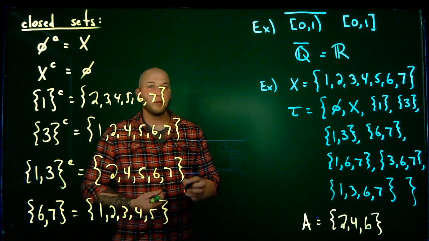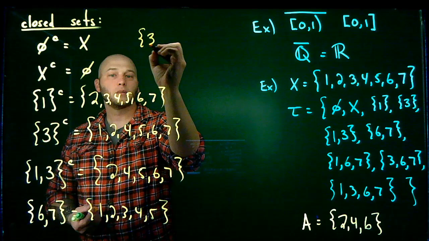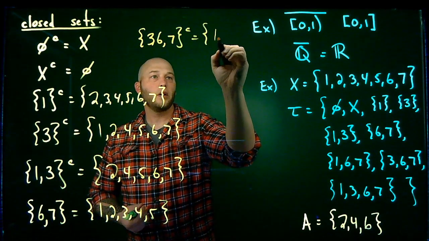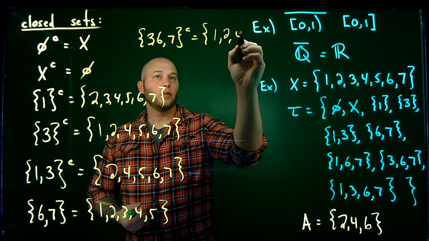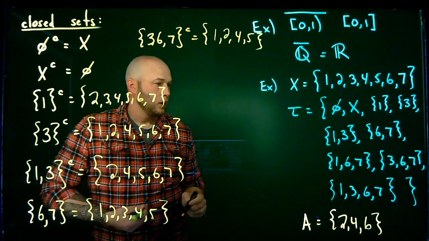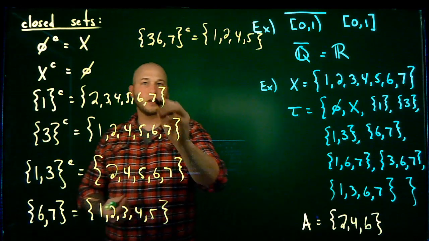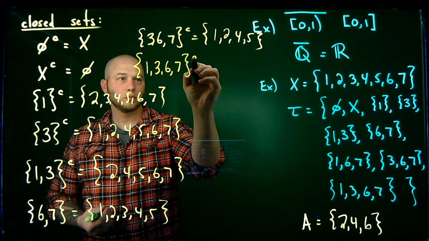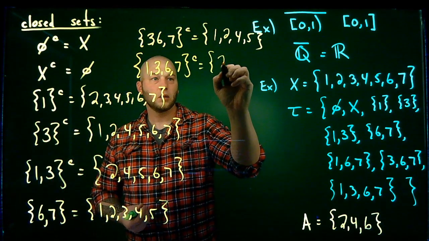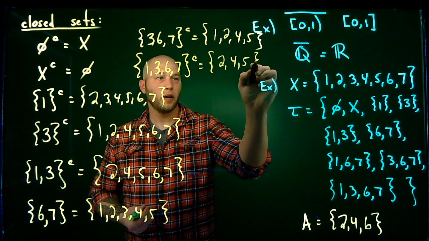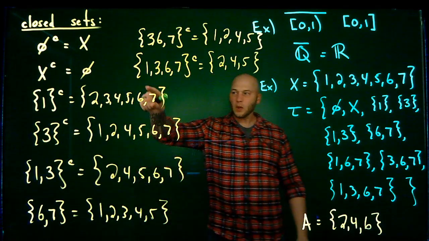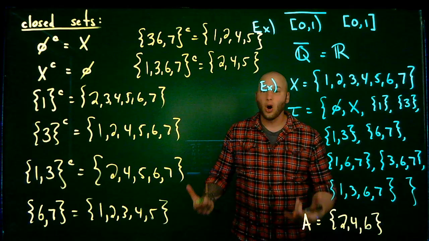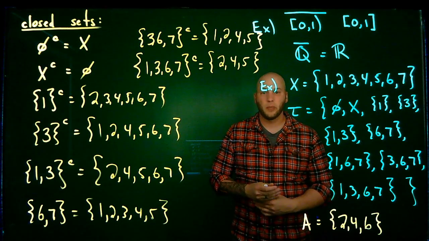Take the complement of {3, 6, 7}, so {1, 2, 4, 5}. And then take the complement of {1, 3, 6, 7}, and we would get {2, 4, 5}. All of these sets on the right-hand side of the equal signs are all of the closed sets within this topological space.